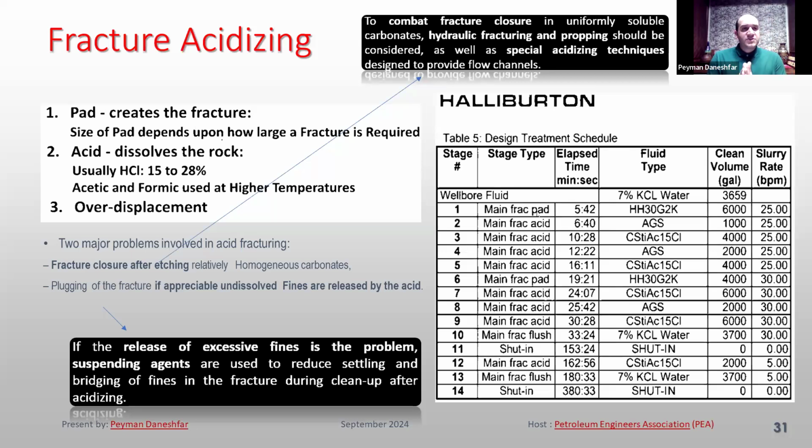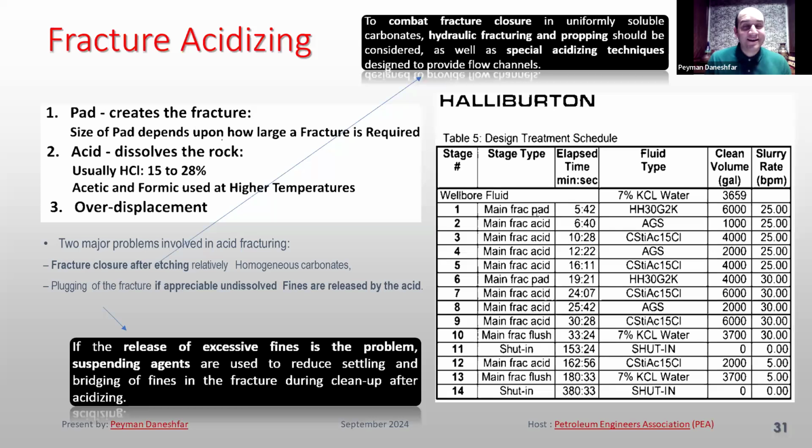For fracture acidizing, the first step is the pad. Create a fracture. The size of a pad depends upon how large a fracture is required. And step 2, acid dissolves the rock. Usually use 15 to 25%, but keep in mind, I think for dolomite it is better to use 15%, and for limestone it is better to use 28% acid.